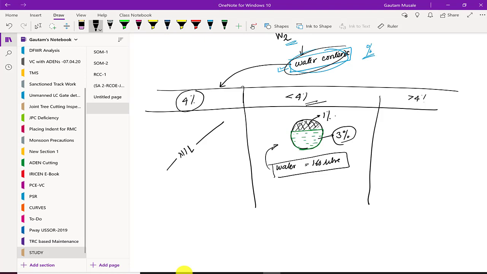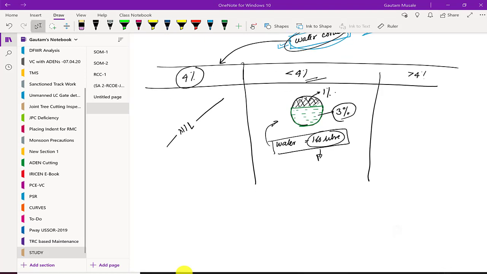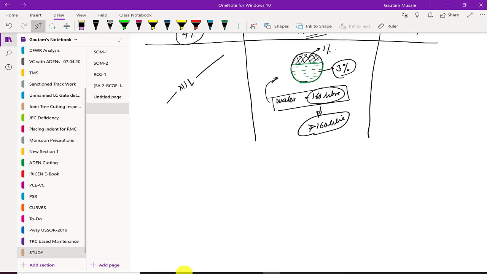So this is a case where I will have to add water. I cannot add just 160 liters, but I will have to increase my water content to more than 160 liters, so that this additional amount of water will be utilized in making this aggregate conform to the SSD condition, and the remaining 160 will be used for my hydration process, so that the strength of the concrete does not get adversely affected. Now, how much additional water do I have to add?